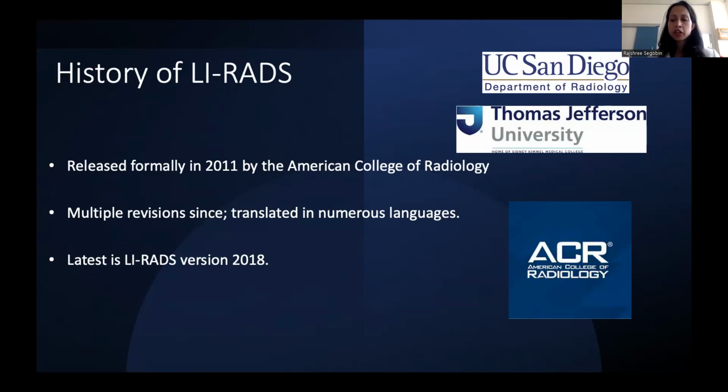But the ACR, the American College of Radiology, got involved a couple of years later, and the steering committee started working on it to refine it as a more structured algorithm that can be released formally internationally. And it was thus released in 2011 and has had multiple revisions since.